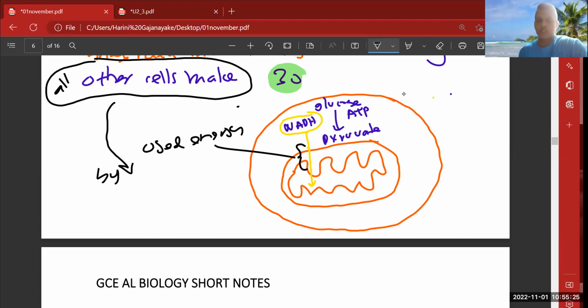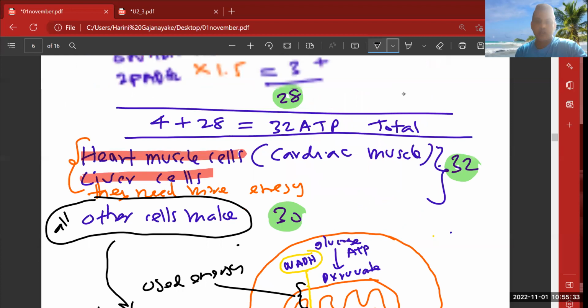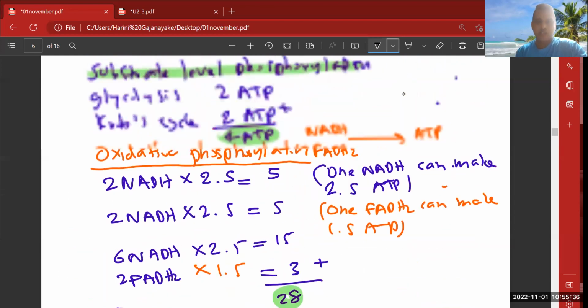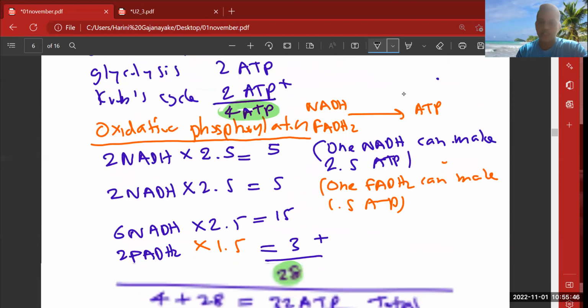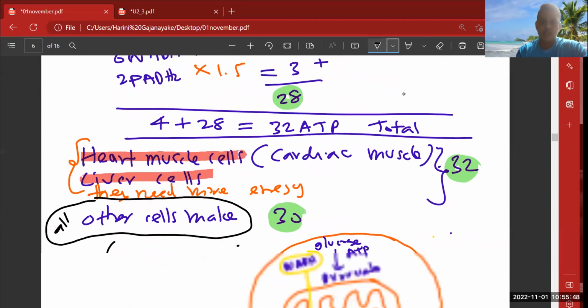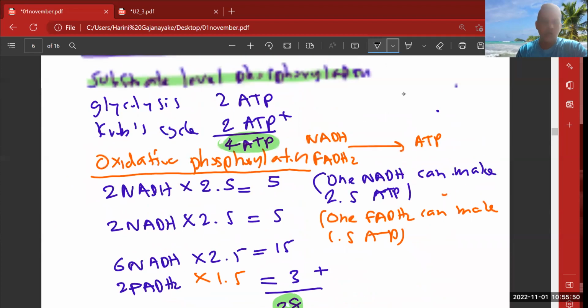They have a different system, but we don't need to learn what that system is and why they can do this. Just for our understanding, it is the reason for this kind of energy loss. So the total ATP production is 32. Only liver cells and muscle cells can make 32, other cells make 30. Substrate level 4, oxidative phosphorylation 28.